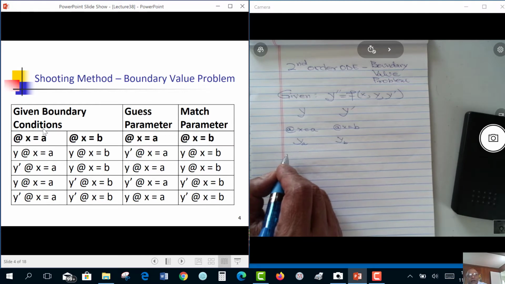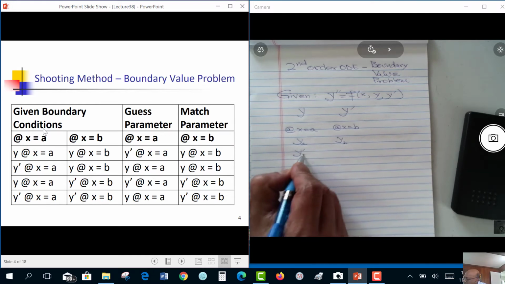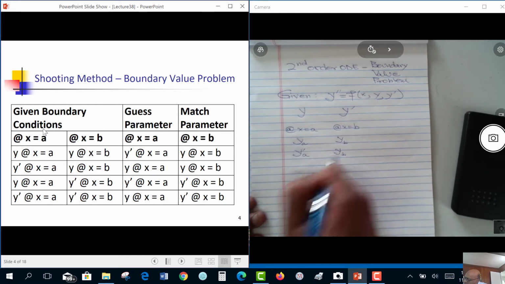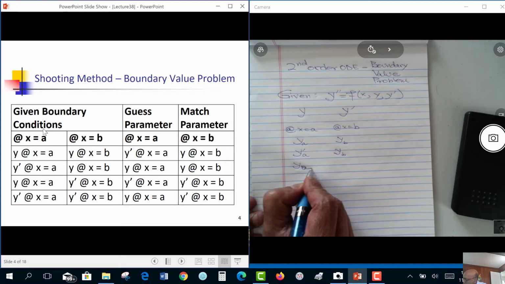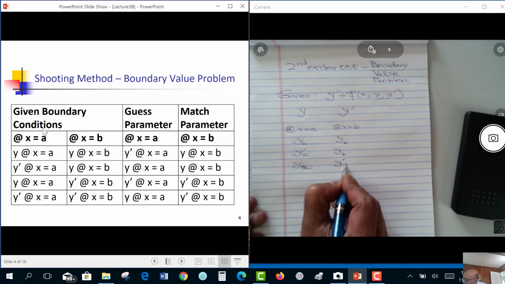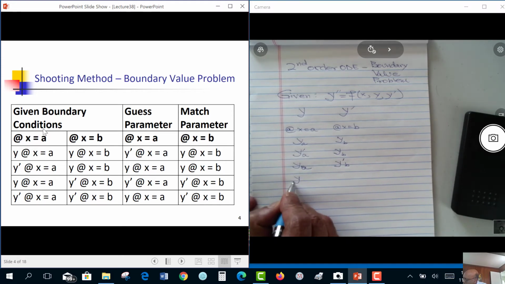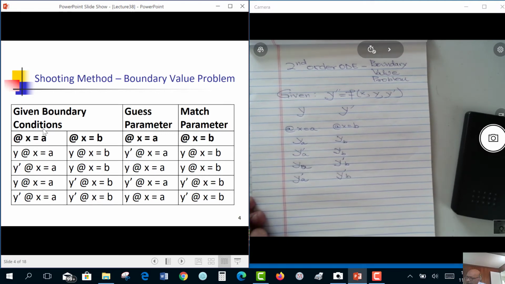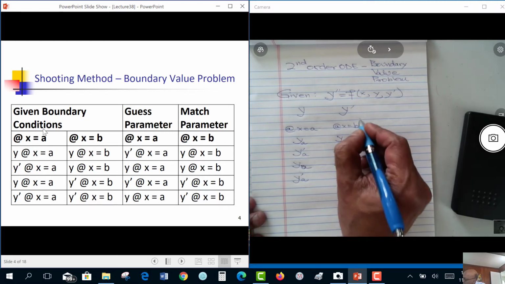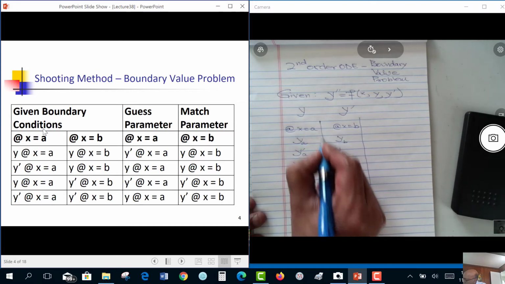We could be given y prime at a, but y at b. We could be given y at a, but y prime at b. Or we could be given both y prime at a and y prime at b. Four combinations.